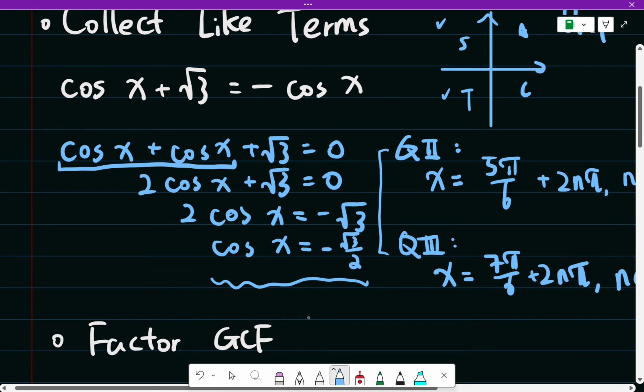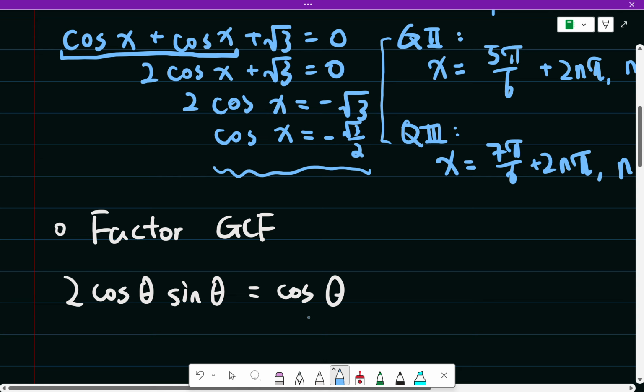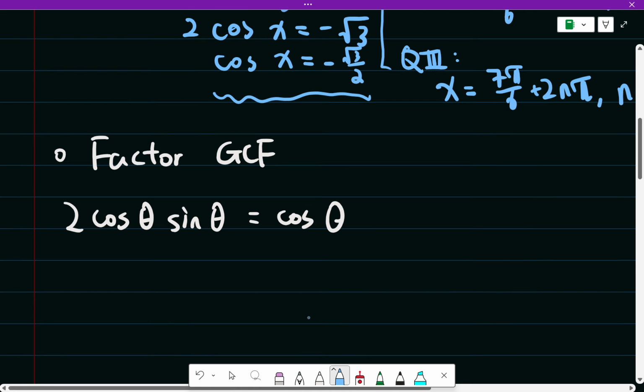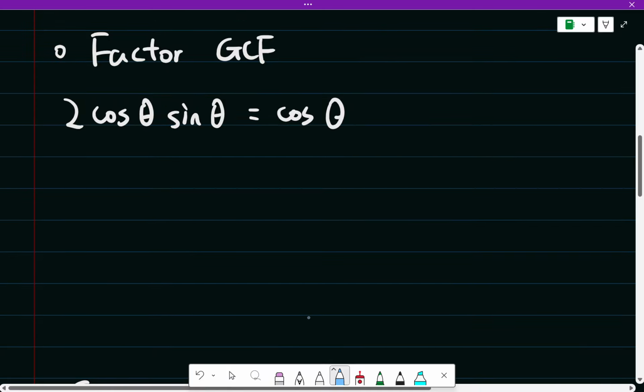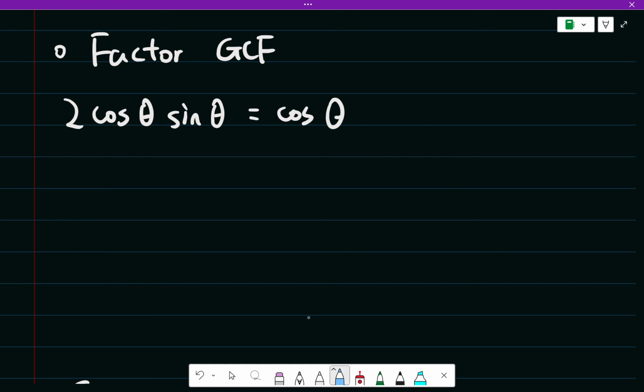Next type of question is factorization. So we can factor something out first, and then attempt to solve the equation. A very tempting approach that many students will take for this type of question is to divide sine theta on cosine theta in this case, on both sides.